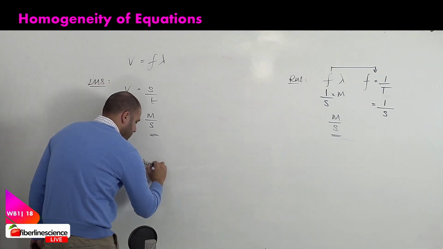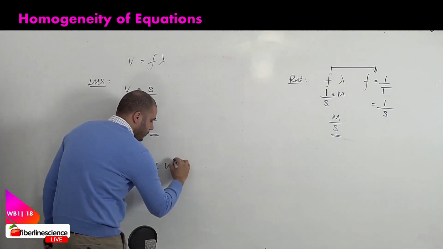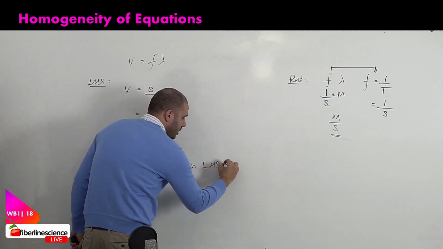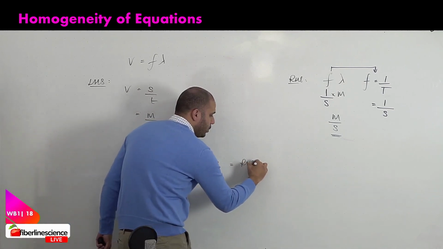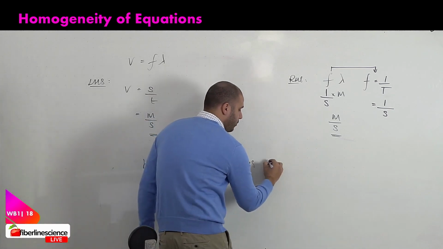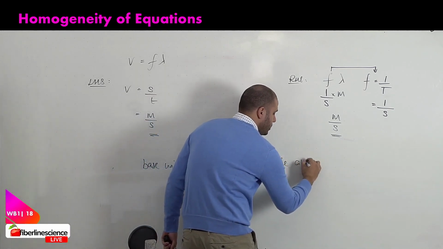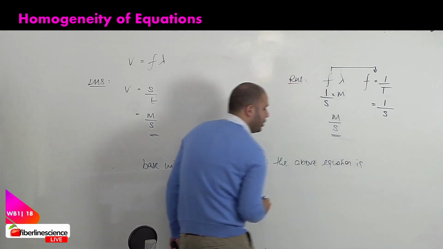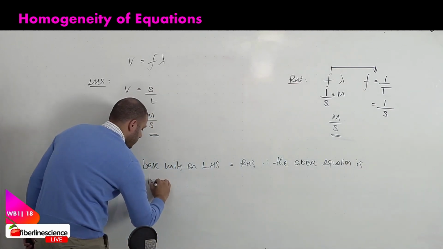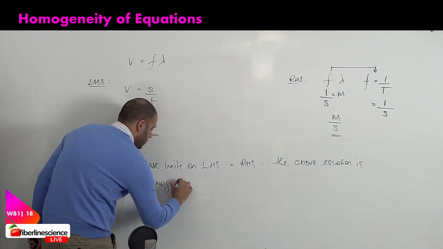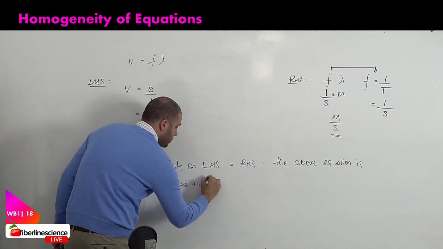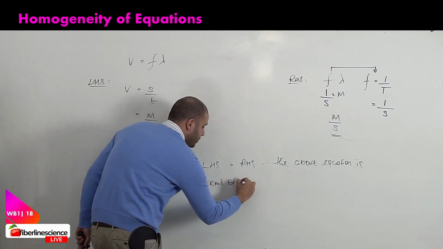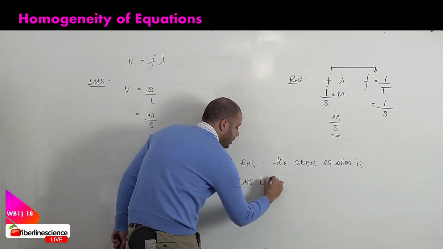Let's explain ourselves well. Base units on the left-hand side are equal to those on the right-hand side, and therefore the above equation is homogeneous in terms of its base units.